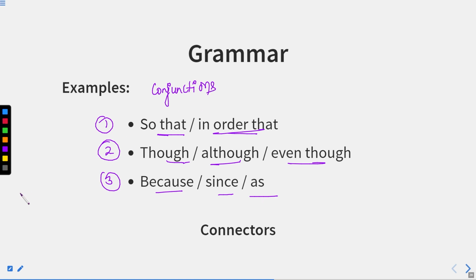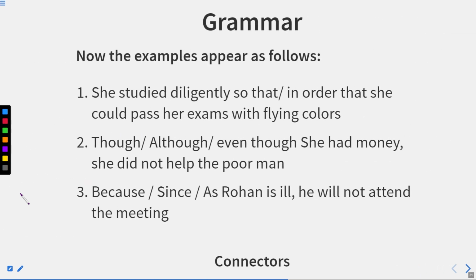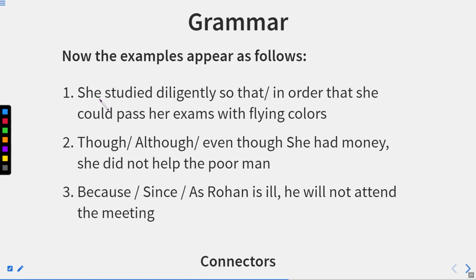And if we want to join those sentences with the help of these conjunctions, the result will be, first one, she studied diligently so that she could pass her exams with flying colors. Another conjunction is in order that. So we have two conjunctions over here, so that and in order that.